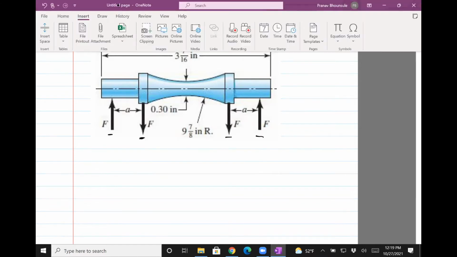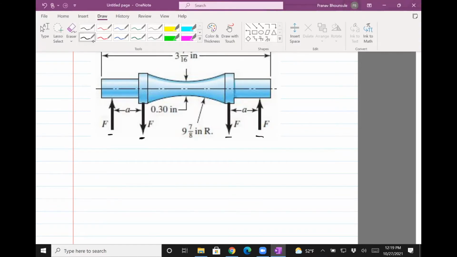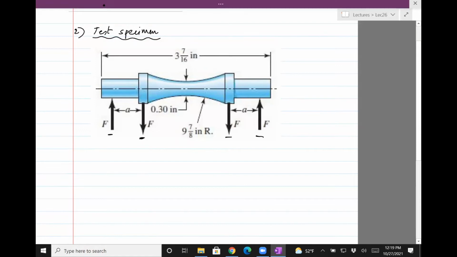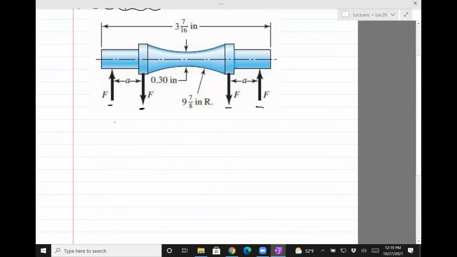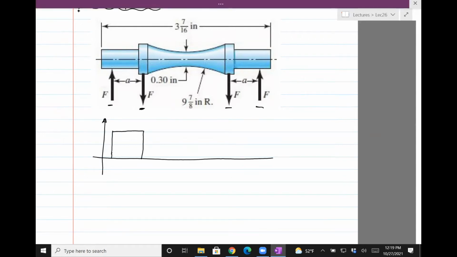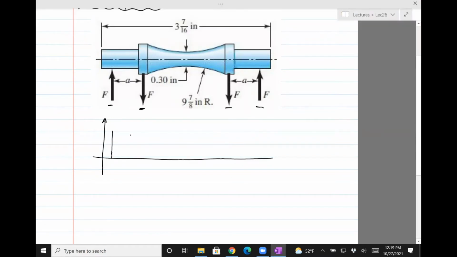What this does is, if you draw the shear force diagram, so let's draw the shear force diagram. Just draw it in red. You'll see that the shear force is positive, and it goes to 0 here.